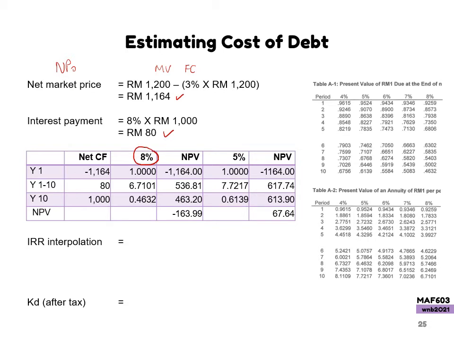Okay, masa year 1, kita kena keluarkan duit sebanyak RM1,164, the net market price. And year 1, the discount rate pada year 1 memang akan jadi 1, always 1. So 1 kat sini. So NPV, net present value, I akan dapat masa year 1, duit keluar kan, sebab kita kena bayar kan, RM1,164. Second one, here kita ada interest. Interest ni, you akan bayar secara annually.